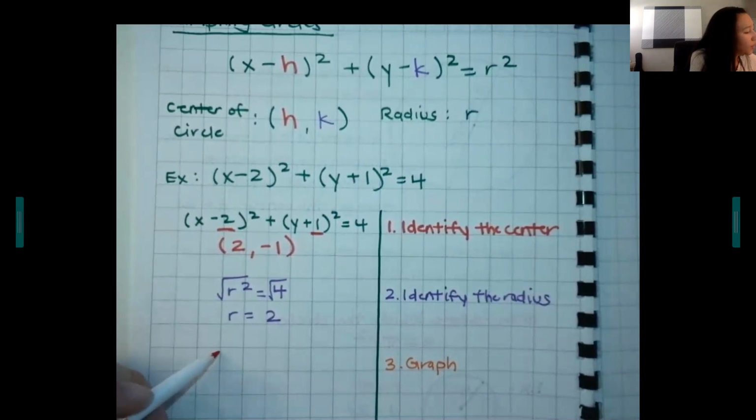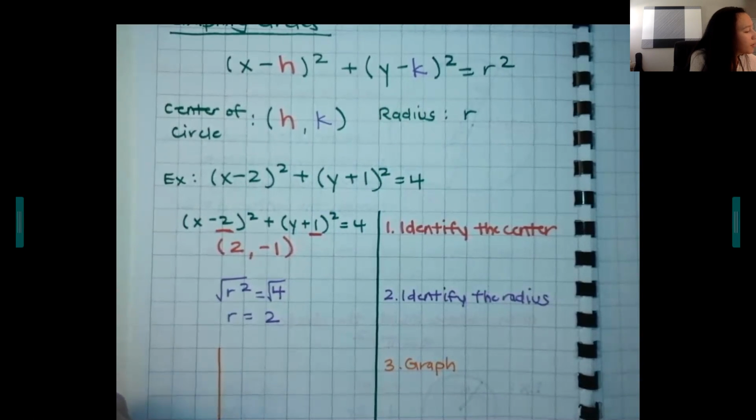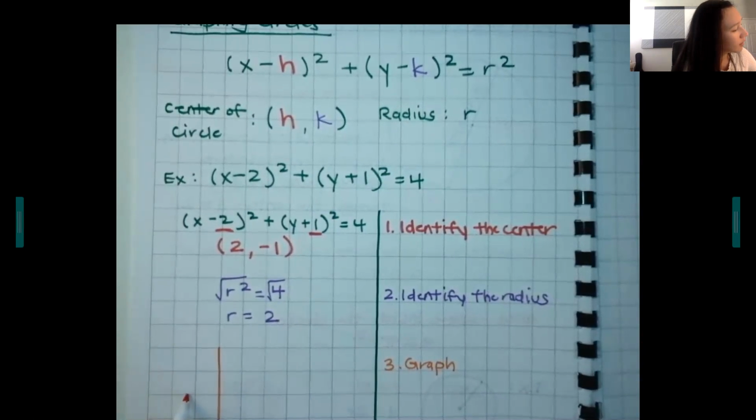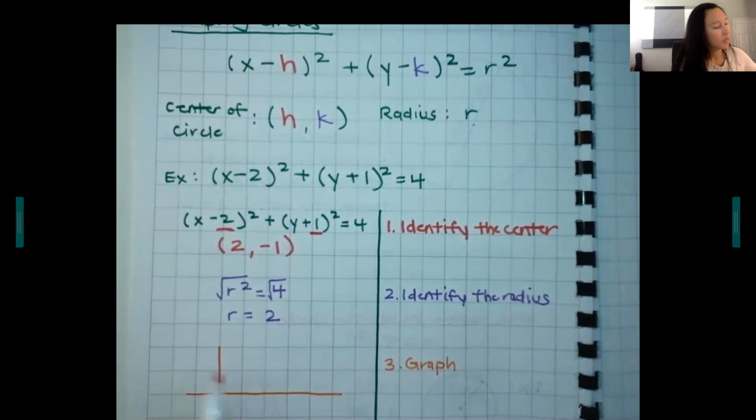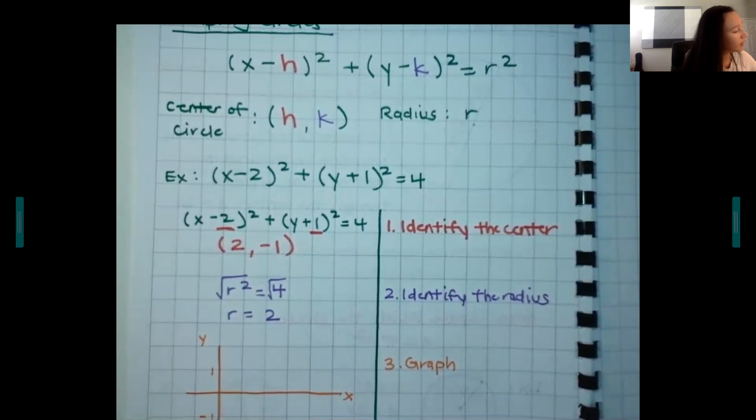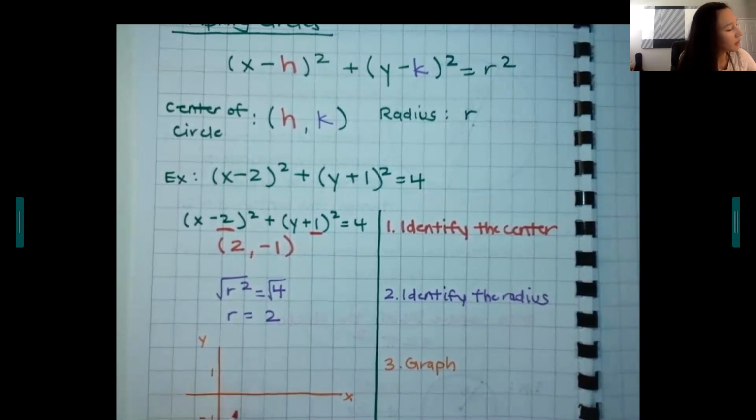And then we'll go ahead and graph. So we have our x-axis and our y-axis. It's going to be 1, -1, -2, -3.